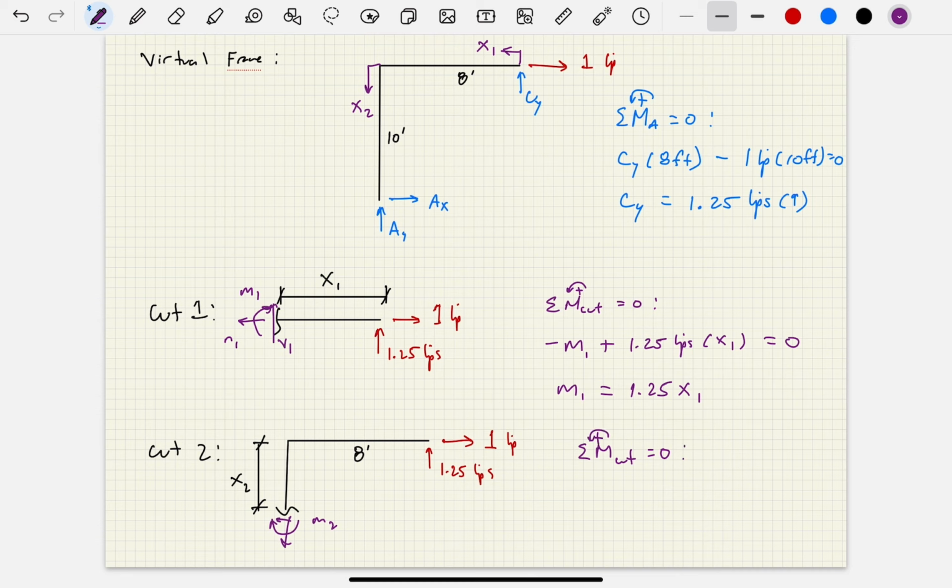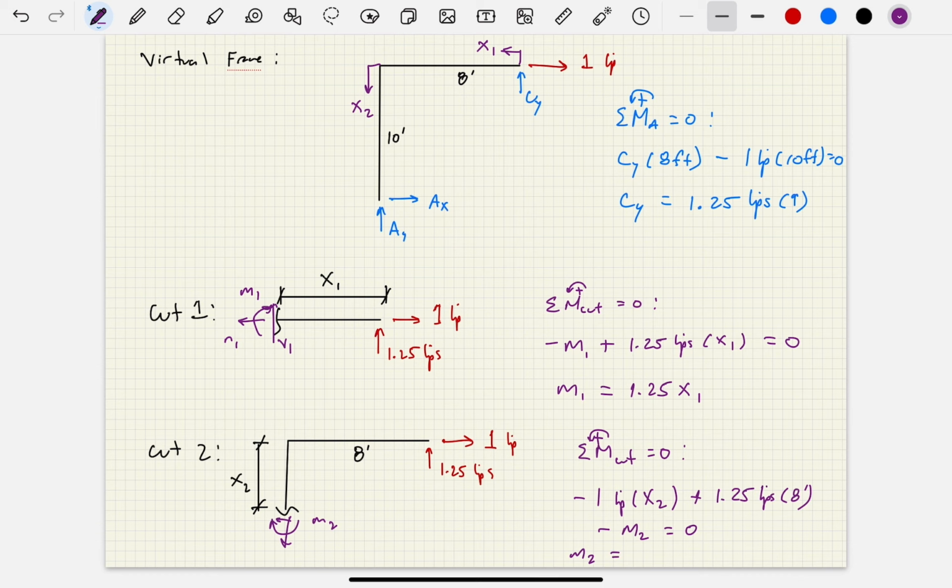And I'm going to say that's going to be negative 1 kip times x2, and then plus 1.25 kips times 8 feet, and then minus little m2 equals 0.